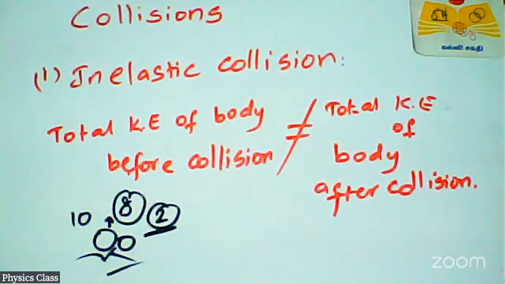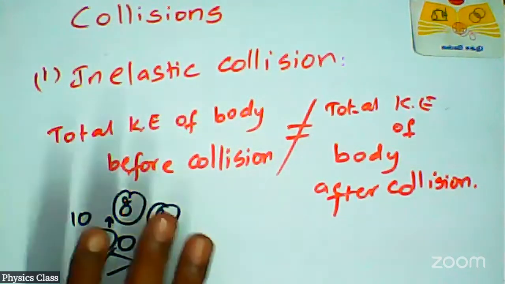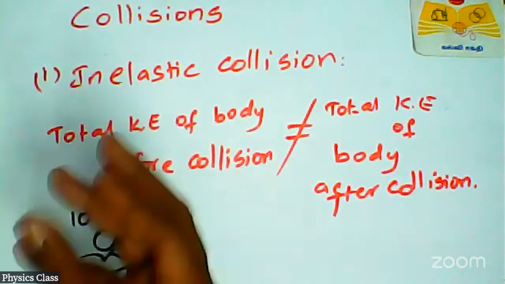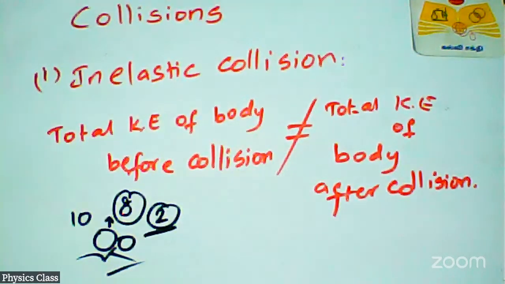So in inelastic collision, total kinetic energy is not equal to total kinetic energy after collision, because there is a loss. We can see that in the simulation: how the elastic collision happens, how the inelastic collision happens, how the total kinetic energy is conserved, and how it is transferred into another form of energy. We can discuss it later.